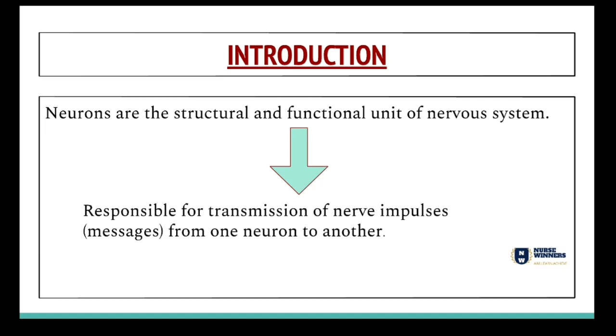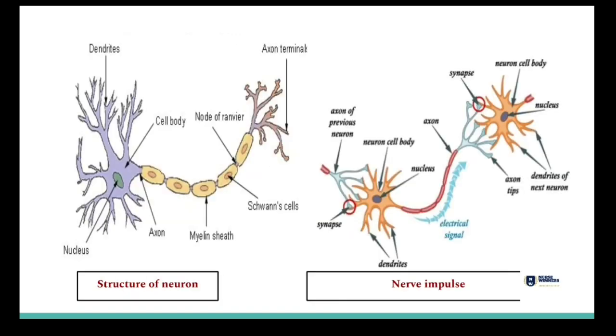These nerve impulses move from one neuron to another neuron. In the same way, the messages get transmitted from one part of the body to another. That is the function of a neuron.